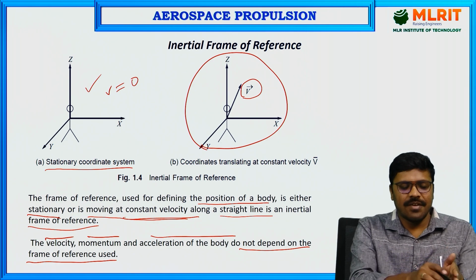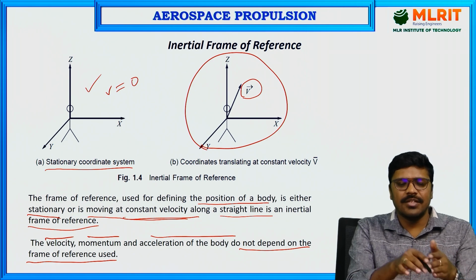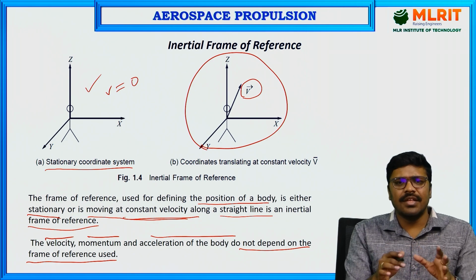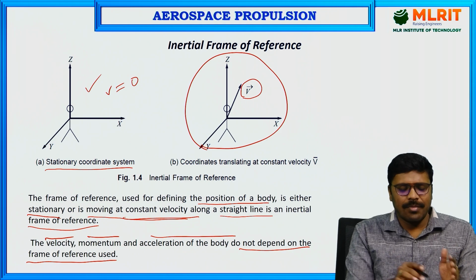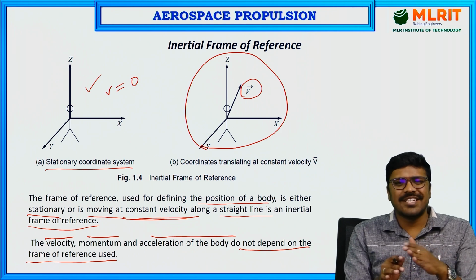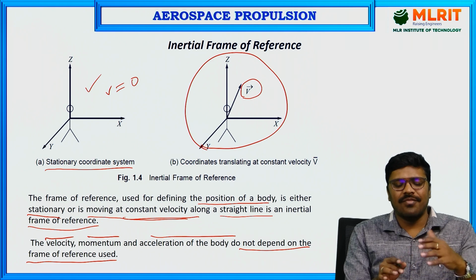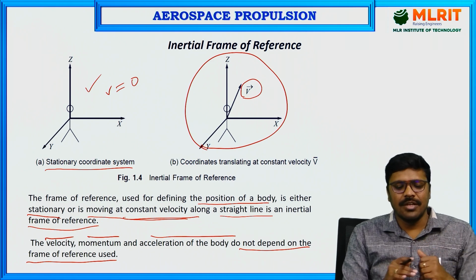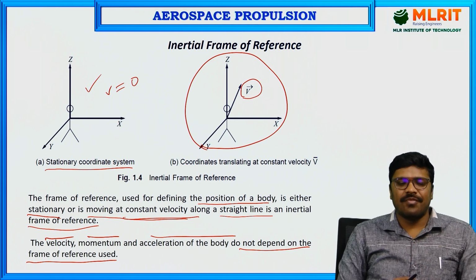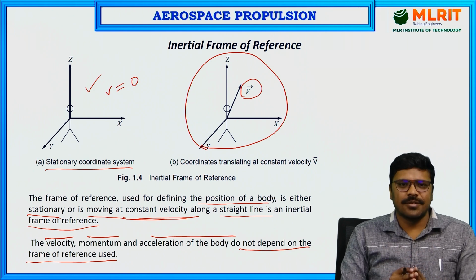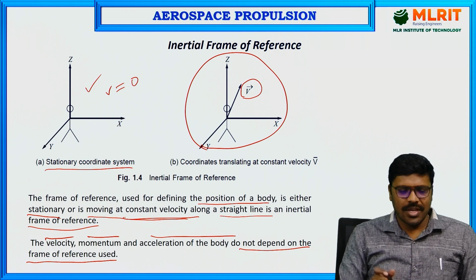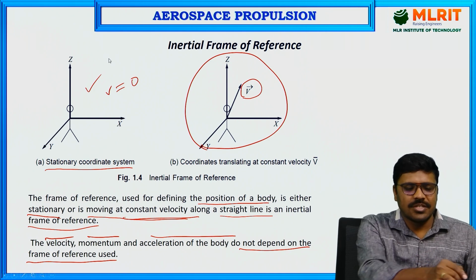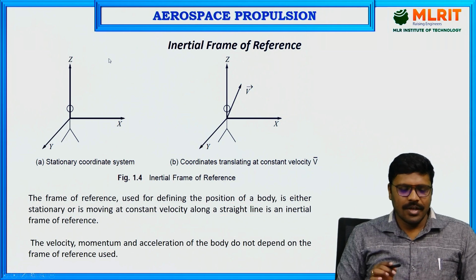If the velocity of the reference is 0 or it has constant velocity, then the velocity, momentum and acceleration of the body do not change, it does not depend on the frame of reference. It is independent. Okay, so that's why we consider these two reference systems as inertial frame of reference.